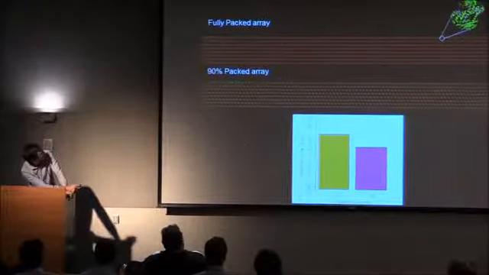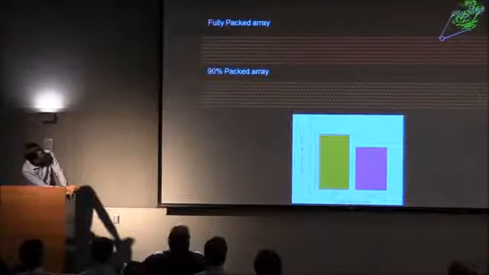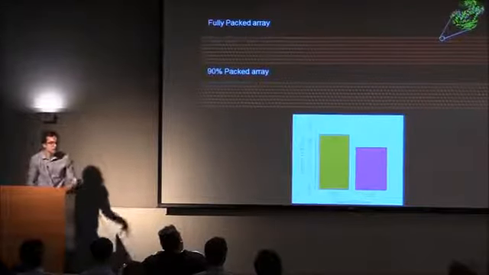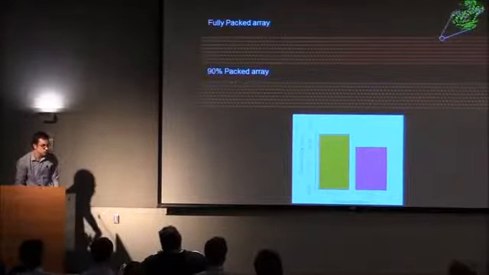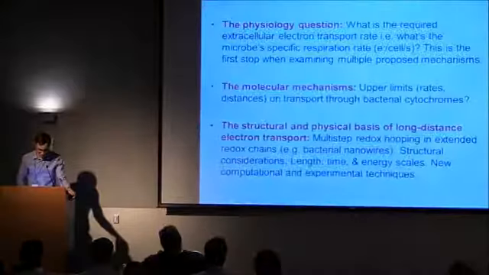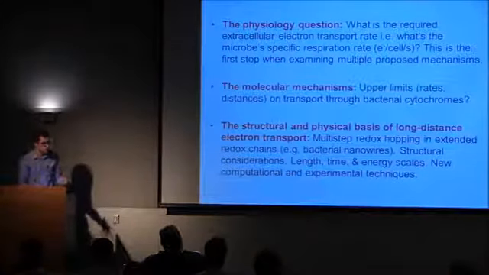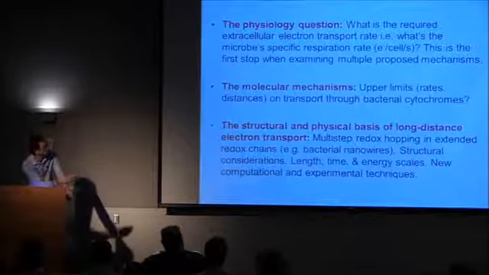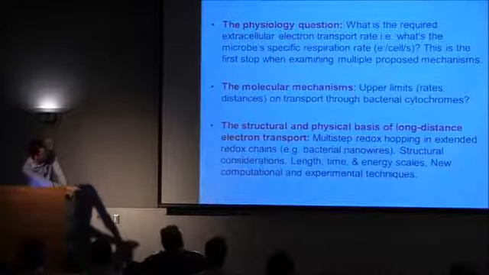Again, the yellow dots are the electrons, and you can watch how they're being transferred along the length of the wire. So we're combining these kinetic Monte Carlo simulations with our cryo-electron microscopy imaging to get a better understanding of how these cytochromes are mediating this long-range electron transport.